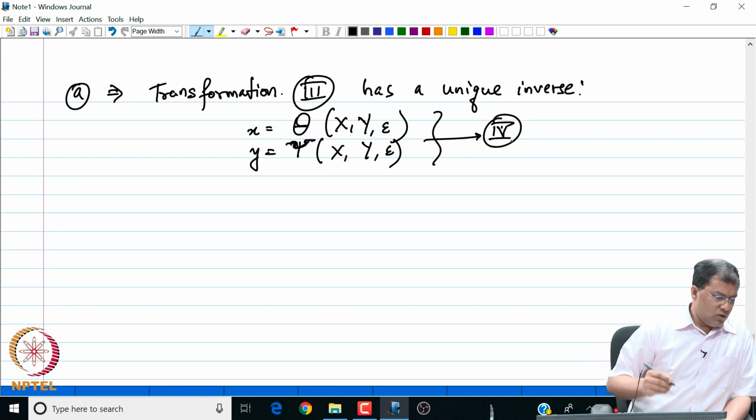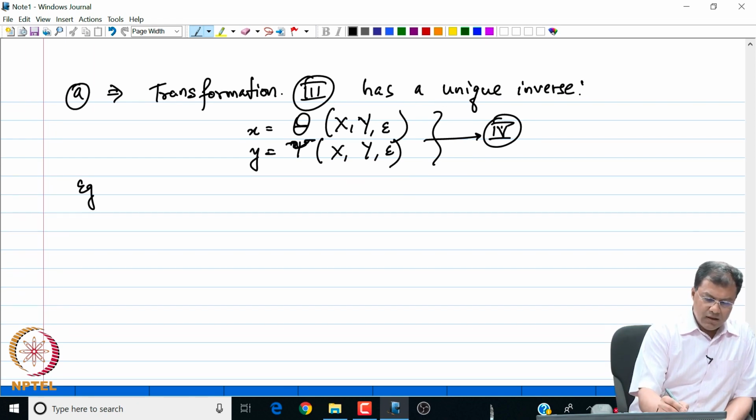Okay. So, for example, let us recall our example of the translational invariance.